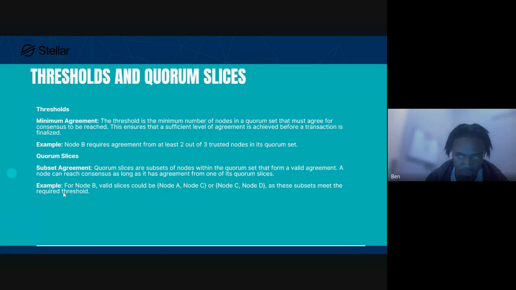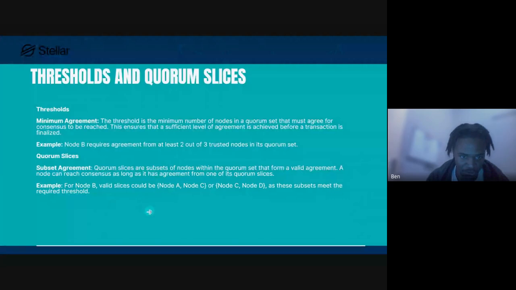Okay, thank you. Quorum slices. Quorum slices are subsets of nodes within the quorum set that form a valid agreement. A node can reach consensus as long as it has agreement from one of its quorum slices.